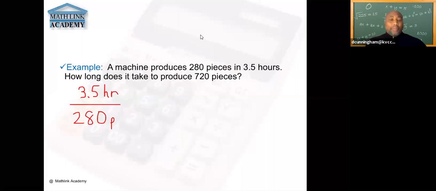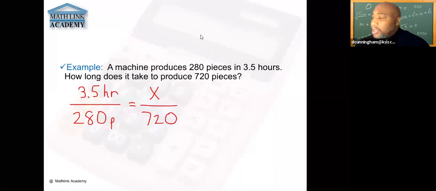The 3.5 over the 280, those numbers are together because that's what's happening, is equal, directly proportional to, X hours over the 720 pieces. We don't know X, but we know that the pieces is going to be 720. So see how I set it up? Hours is on the top, and on the bottom, we have our pieces, and it's directly proportional. So directly proportional, you set it up similar to this.